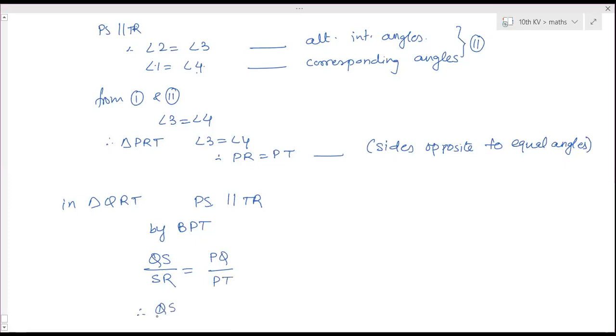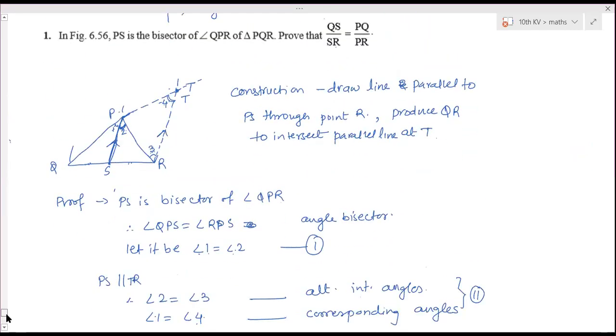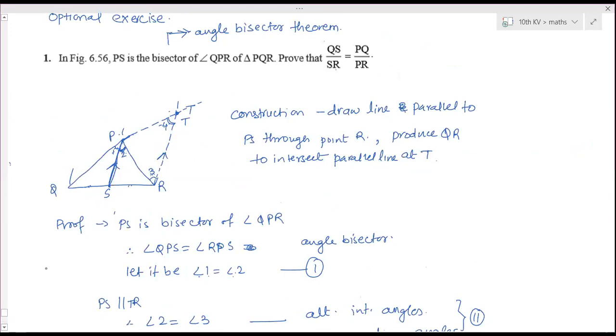Therefore, QS by SR is equal to PQ by PR. Reason: PR is equal to PT. That's proved. Is this clear? Yes, ma'am. The given part I have not written, so write it down.